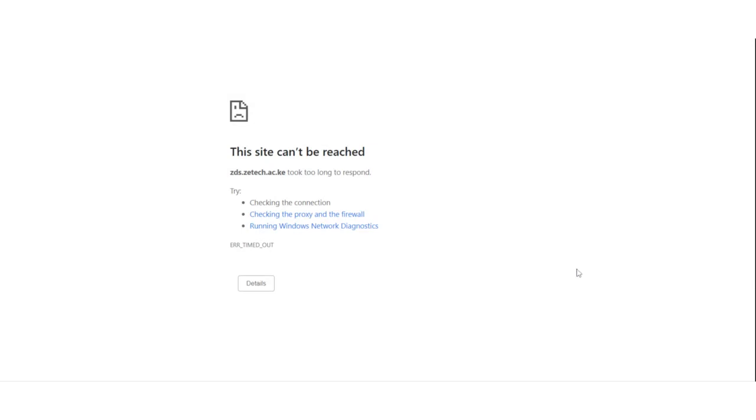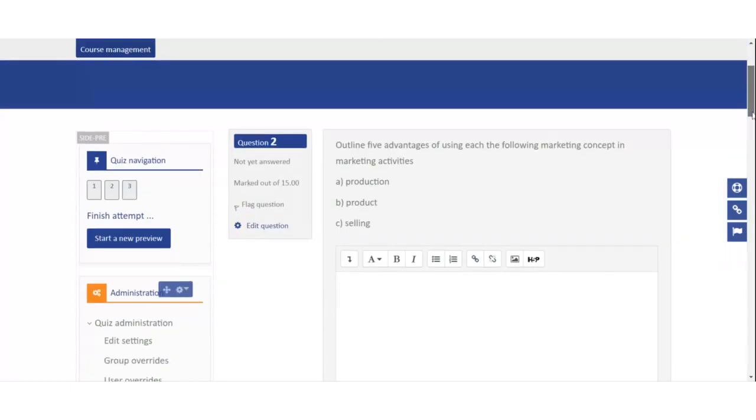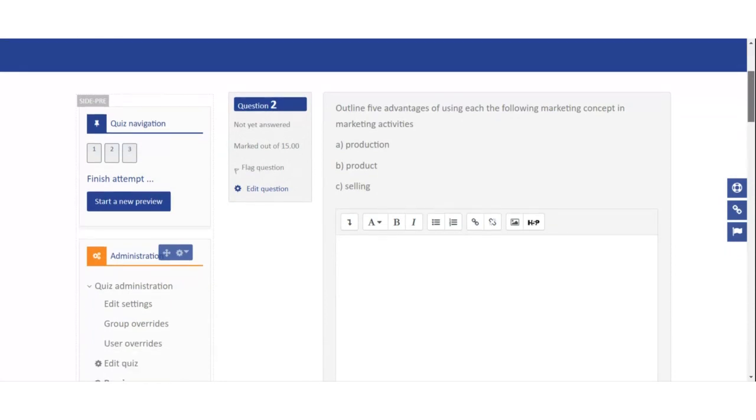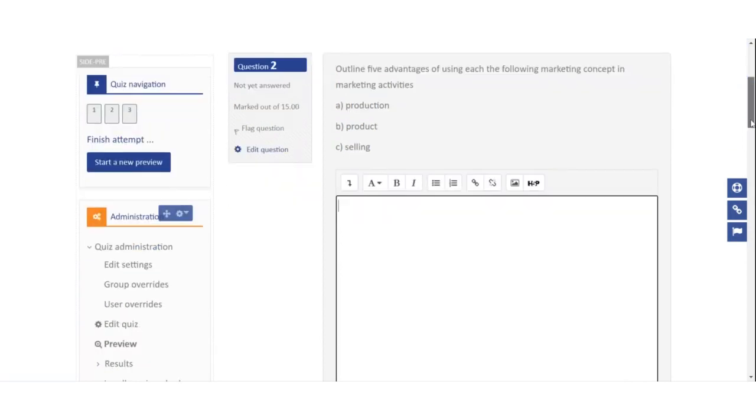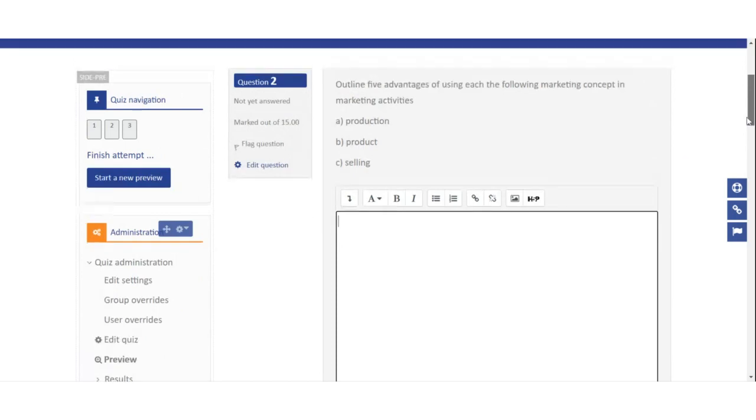Wow, it's refusing to open. You go to the next one. Outline 5 advantages of using each of the following concepts. So you will come and write A, production concept, and then you write advantages. Then just down there, B, product concept.